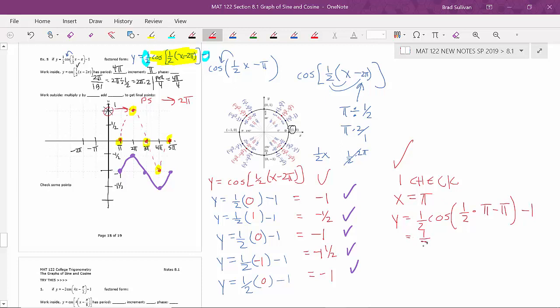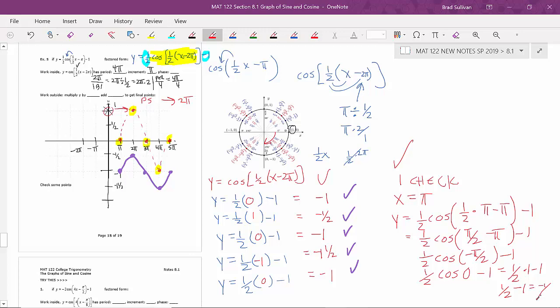So that would be 1/2 cosine, pi over 2 minus pi, minus 1. That would be 1/2 cosine of -pi over 2 minus 1. Cosine of -pi over 2 on the unit circle is 0. So that's 1/2 cosine 0 minus 1. So it's 1/2 times 1 minus 1. So it's 1/2 minus 1. So it's -1/2.